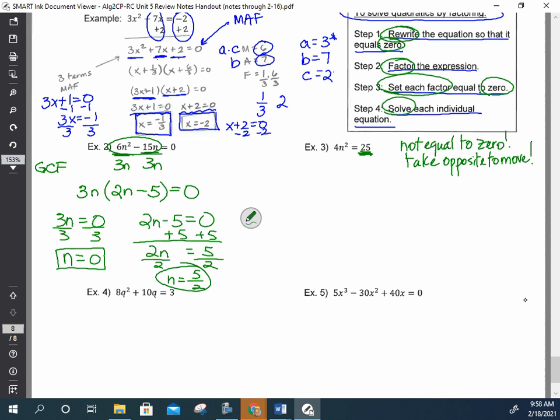The opposite of 25 is negative 25, so you're going to subtract 25 on both sides. 4n squared minus 25 equals 0.